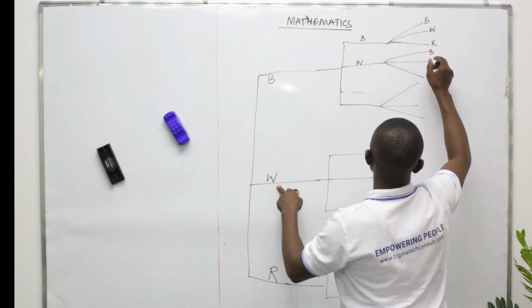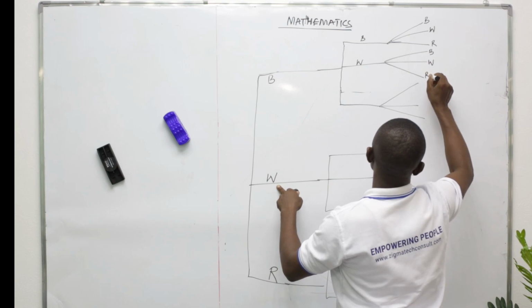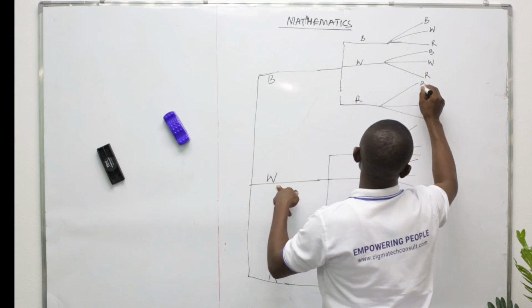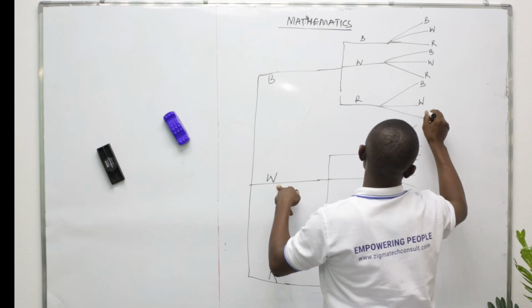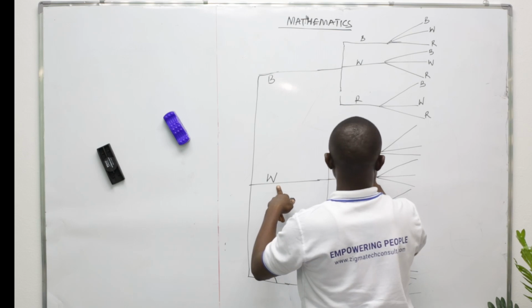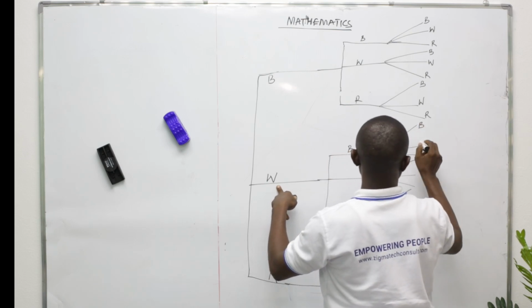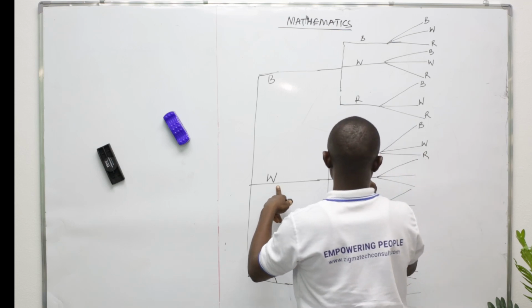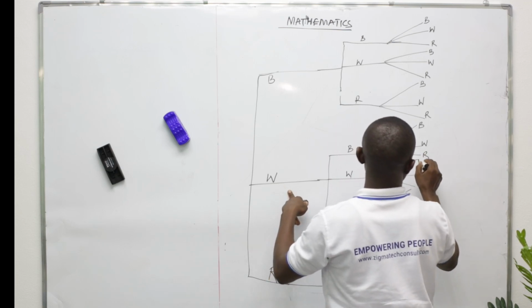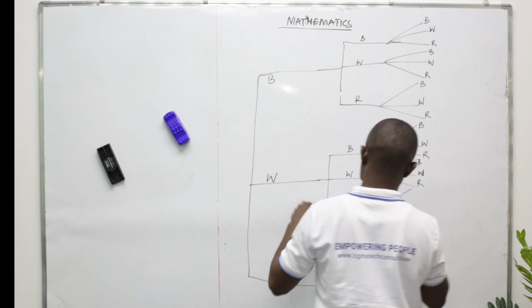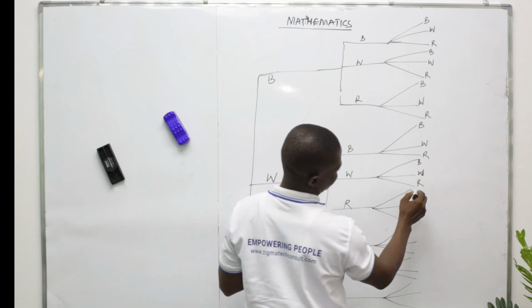So black, white, red. The owner here now is red. Black, white, red. The owner here is still black. Then black, white, red. The owner is still white. Black, white, red. The owner here now is red.